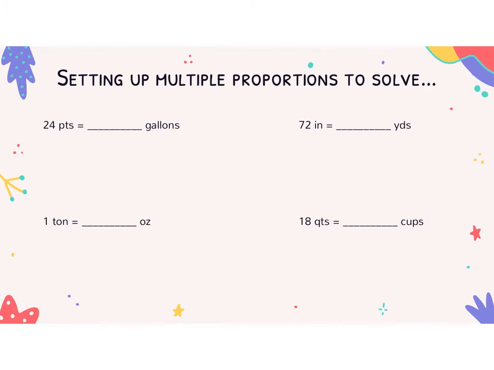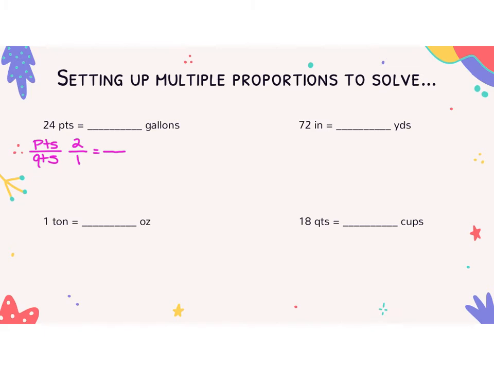In our first proportion, we will convert pints to quarts. So setting up our unit fraction, pints to quarts, and now we will write our proportion. From our STAR resource chart, we see that 2 pints is equal to 1 quart.